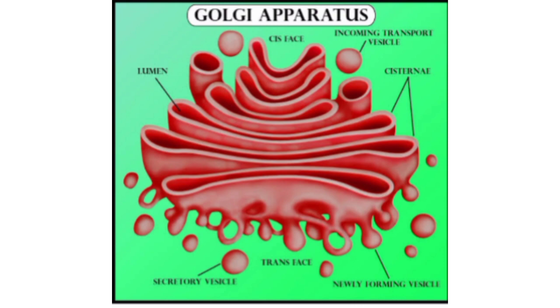The cisternae are two-layered and curved structures with swollen ends. These are placed one upon the other, and the others are vacuoles. It is present near its concave side, and the vesicles near its convex side.